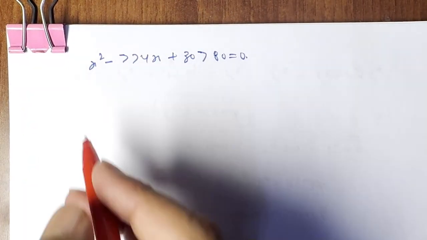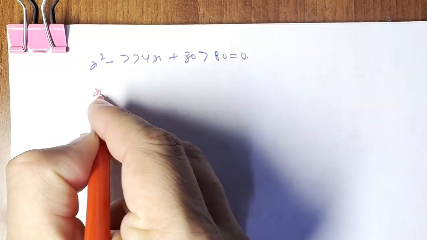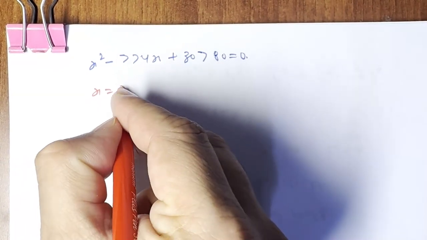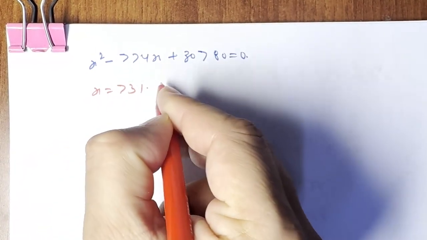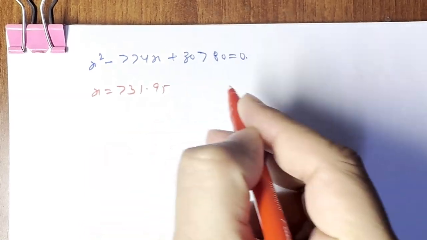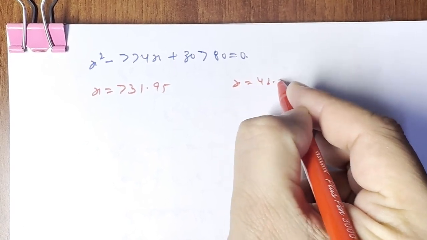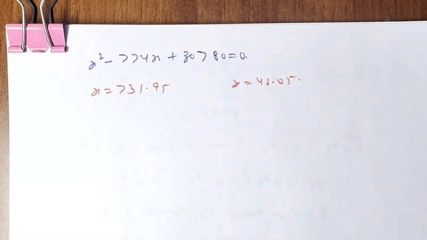If we solve it, we get two values of x. The first value of x is 731.95, and the second value of x is 42.05, obviously in centimeter.